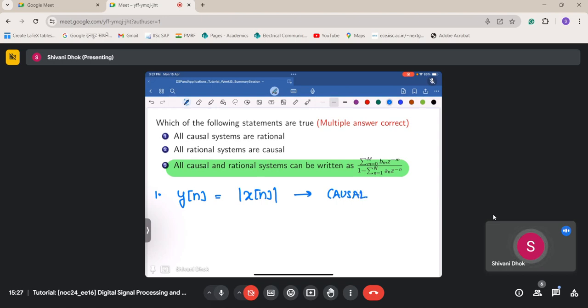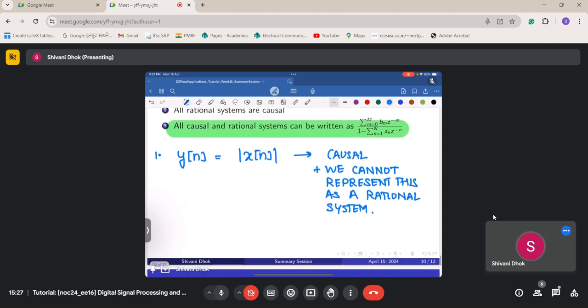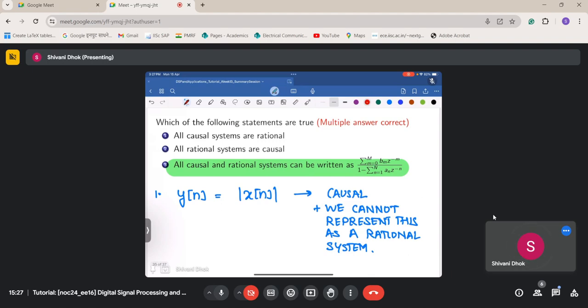We cannot represent this as a rational system. Okay, which means that the first statement is not true.